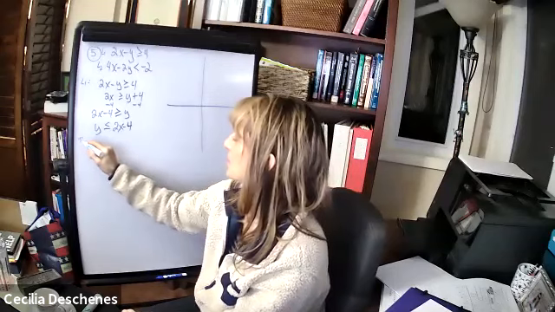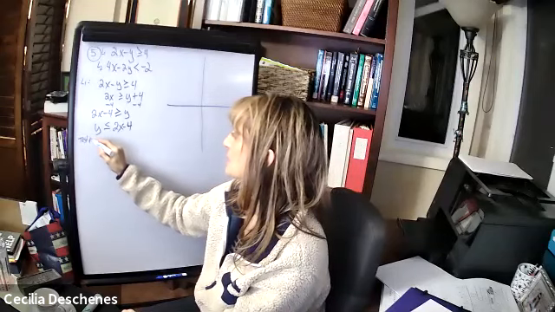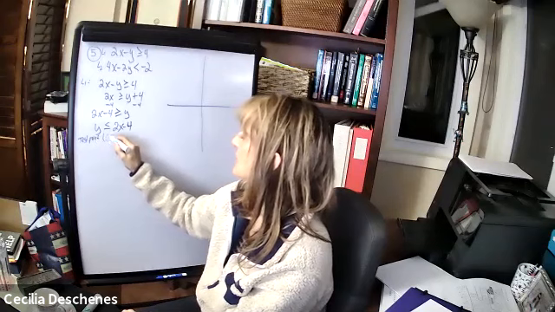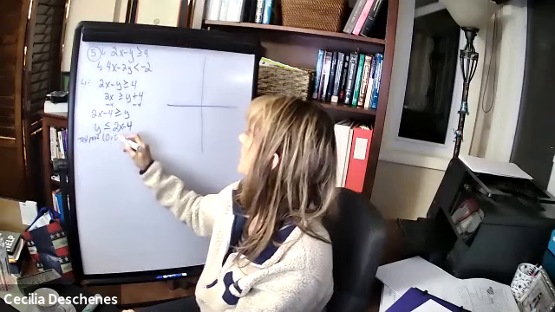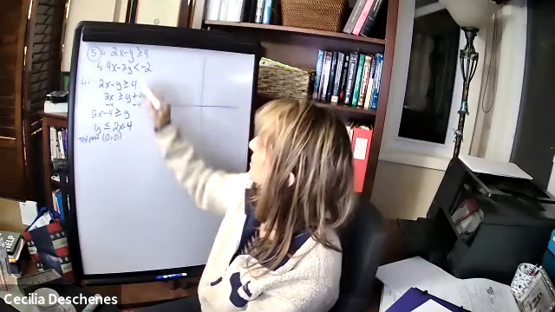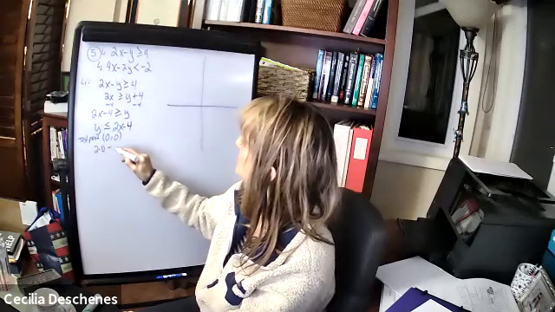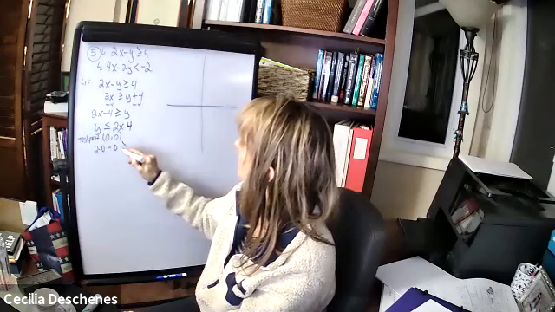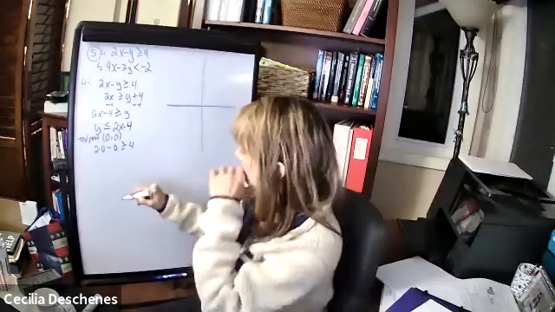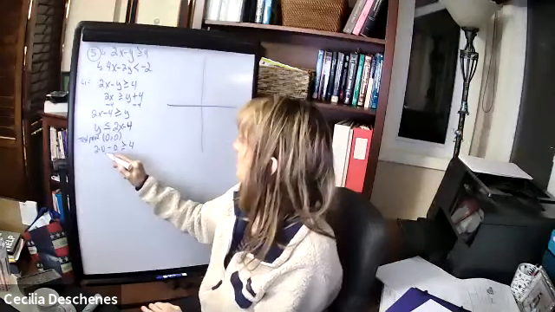And we can also do a test point. We've been doing the test point after we shade it, but we can try a test point ahead of time. So we put the test point in and we get 2 times 0 minus 0, is that greater than or equal to 4?